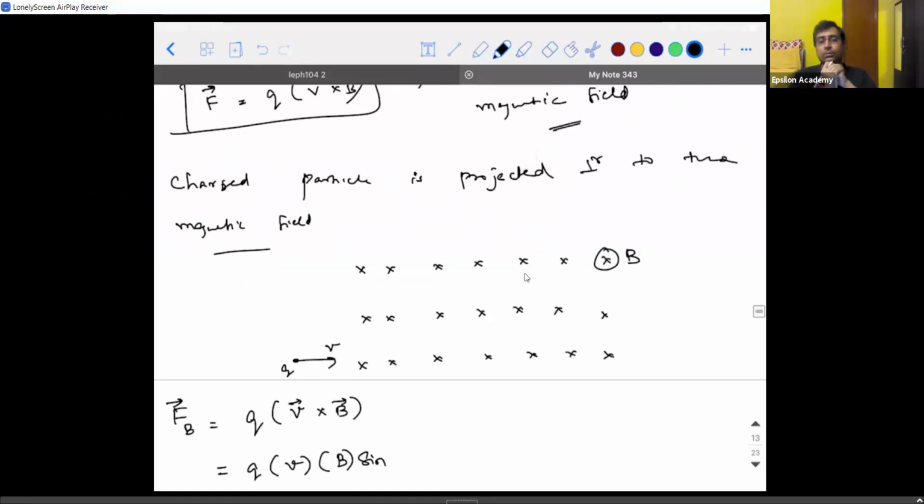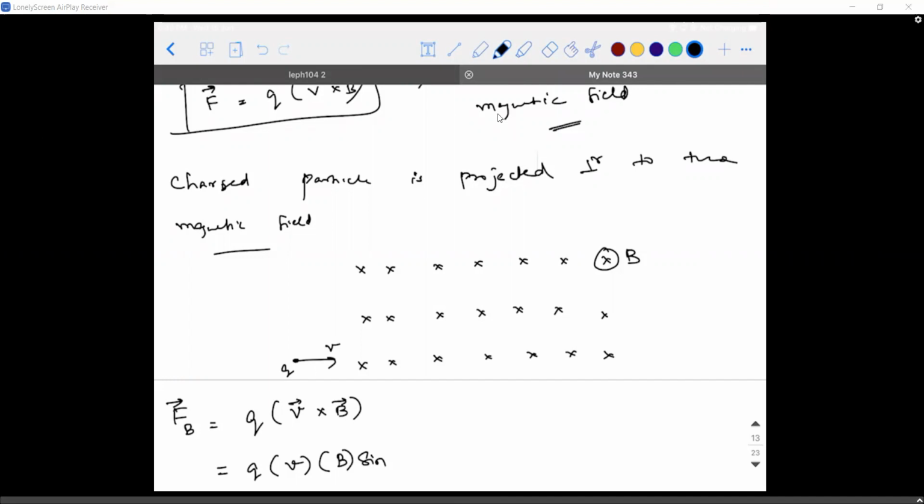What is the angle between v and b, guys? 90.